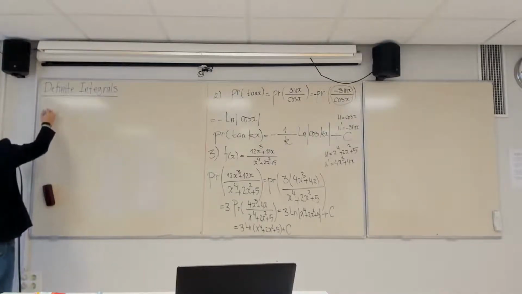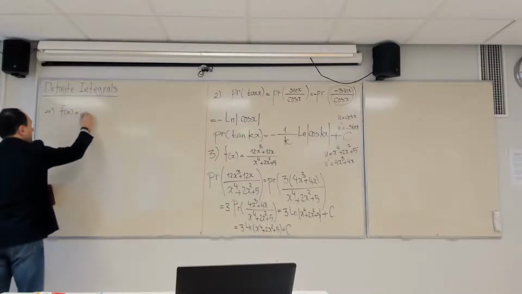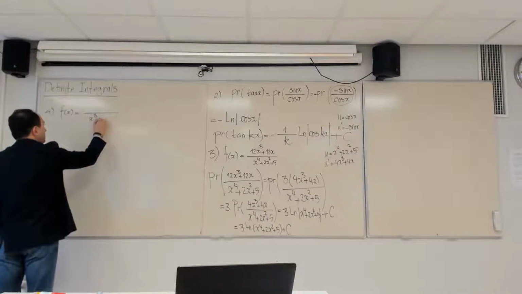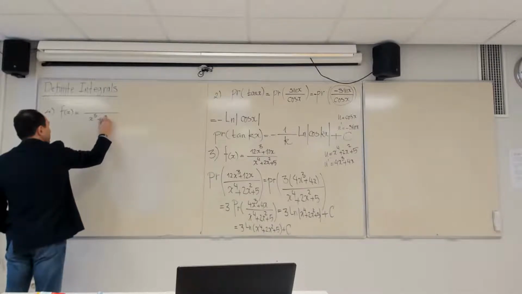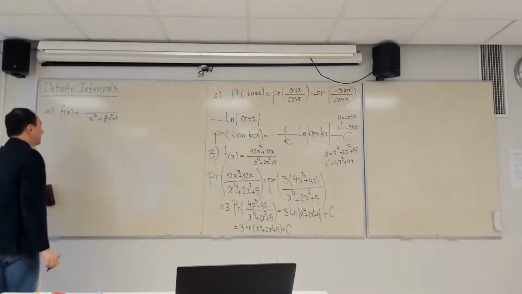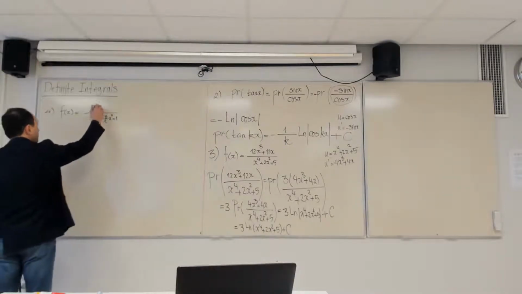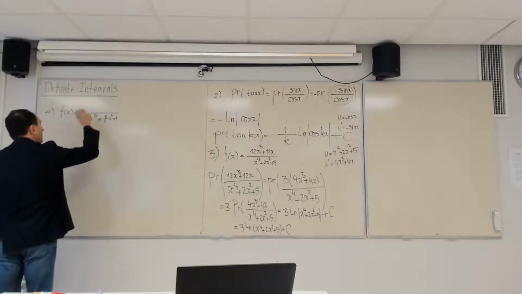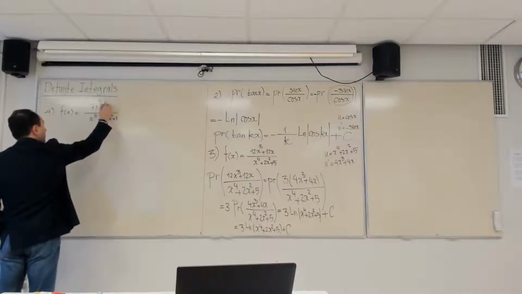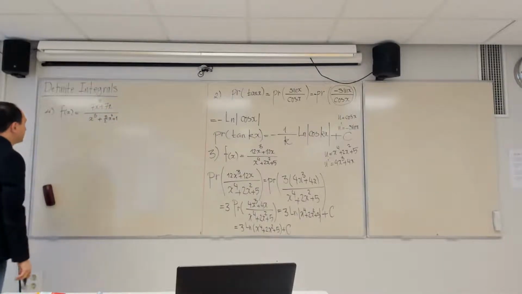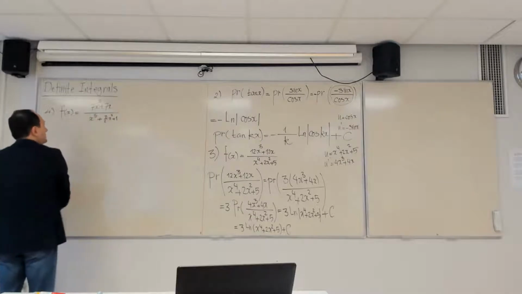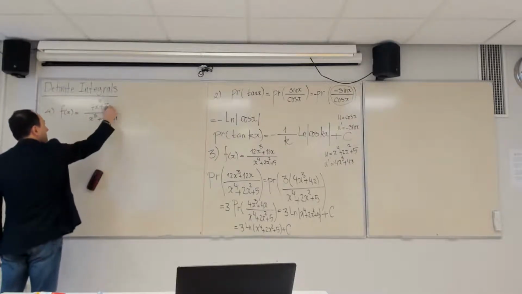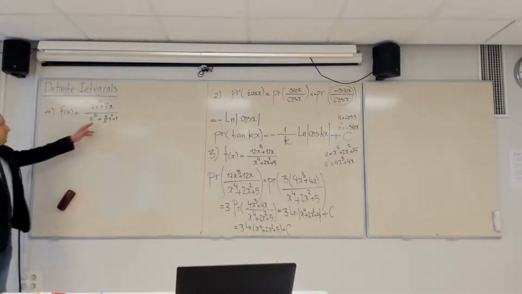So number 4, f of x is equal to, so let us make it x to the power of 3 plus, so something like this. 7x squared multiplied by 7x divided by x cubed plus 3 over 2x squared plus 1.